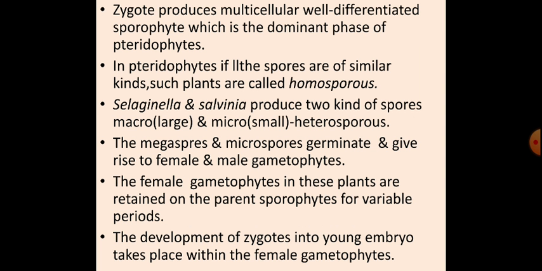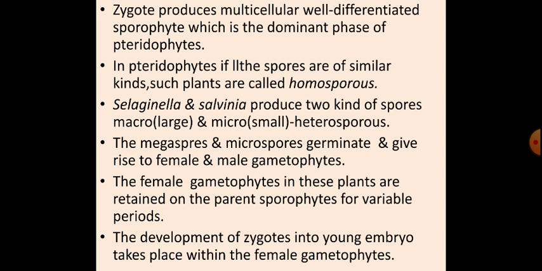Now what happens to the zygote? The zygote produces a multicellular, well differentiated sporophyte. So the plant body is sporophyte. Later it gets converted into gametophyte to undergo reproduction.